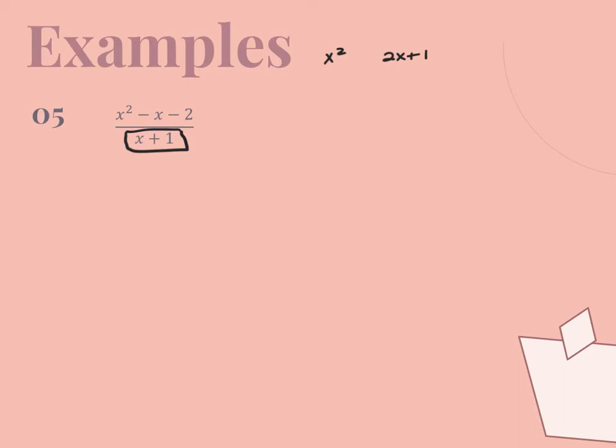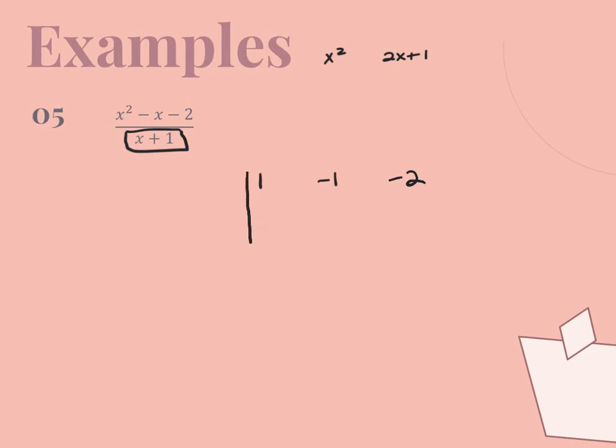Yeah. Okay, so look at my numerator. Is it in decreasing degree order? Yes. Am I missing any terms? No. So instead of writing that whole thing out, I only write out its coefficients. What's on the front of the x squared is a positive 1. What's on the front of the negative x is a negative 1. And then the constant by itself is negative 2. So I have taken away the variables.